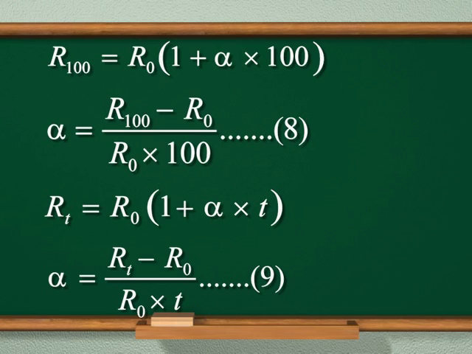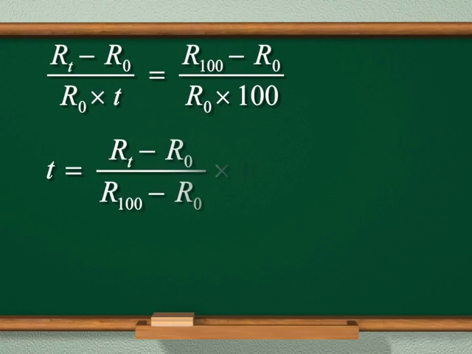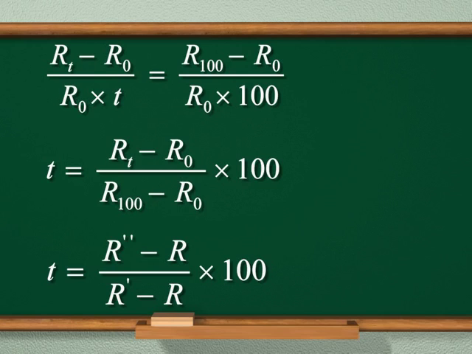From equations 8 and 9, we have (RT minus R0) upon (R0 into T) equal to (R100 minus R0) upon (R0 into 100), or T is equal to (RT minus R0) upon (R100 minus R0) into 100. Using equations 5, 6 and 7, the expression for T can also be written as (R double dash minus R) upon (R dash minus R) into 100.